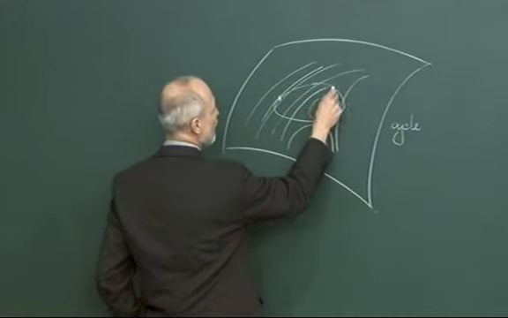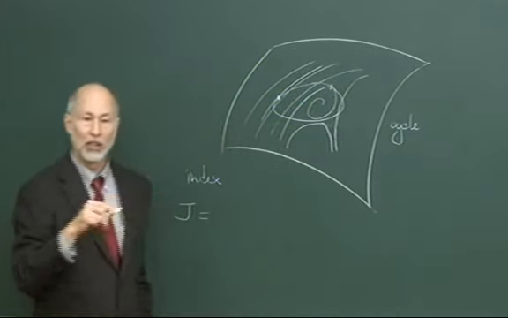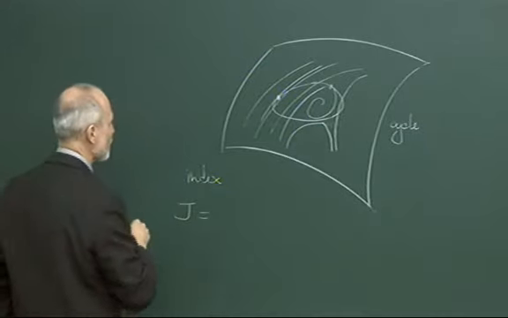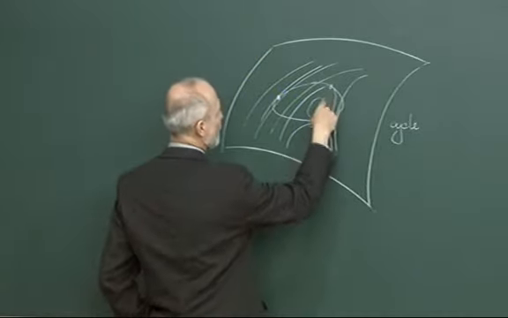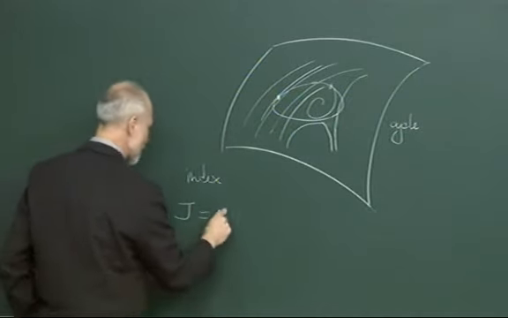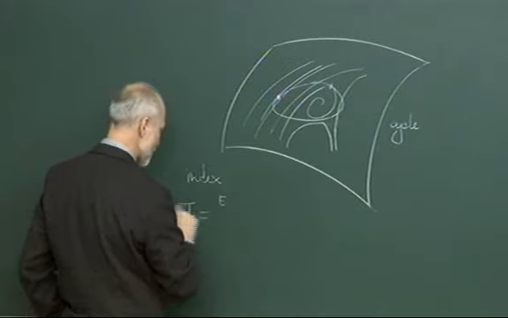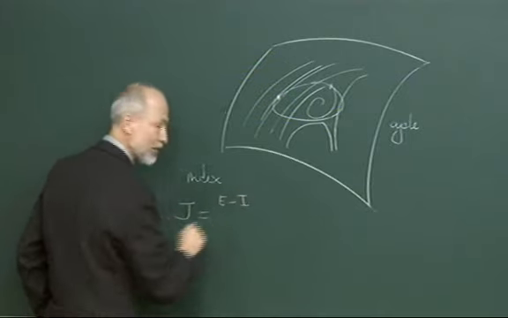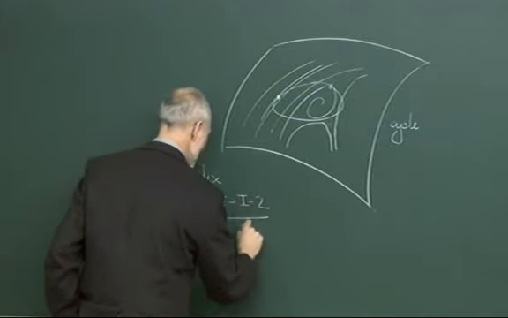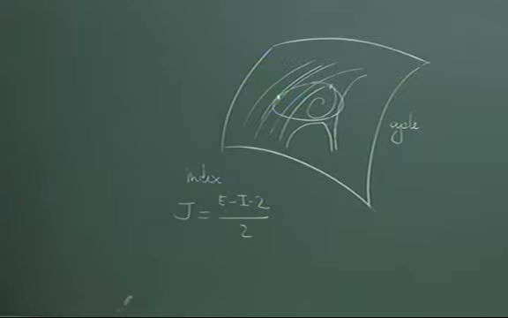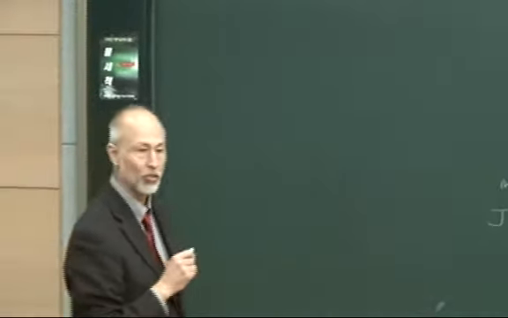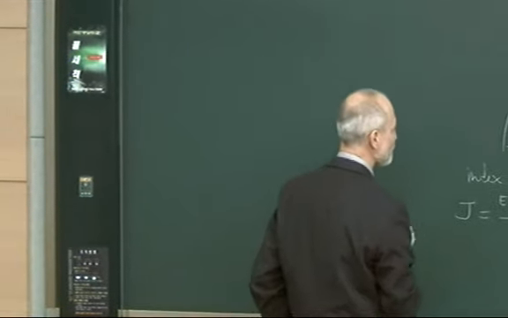If the flow is tangent to the cycle by a curve that remains in the interior of the cycle, then you count that as an interior point. And so you count up the number of exterior points, you subtract the number of interior points, you subtract 2 and divide that number by 2. And this is the index which Poincaré introduced to a cycle.